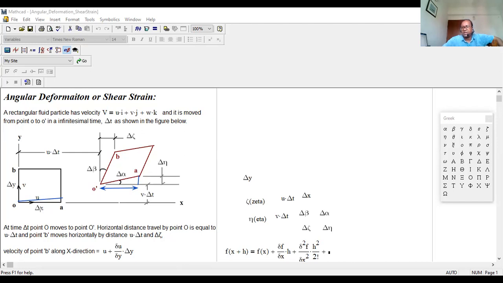We are sacrificing the accuracy. Again, if del beta is very small, then if I draw a triangle, this will be del zeta, but this vertical distance from here to here, we are thinking is the same as del y. So tan beta will be del zeta divided by del y, and tan alpha equals del eta divided by del x.